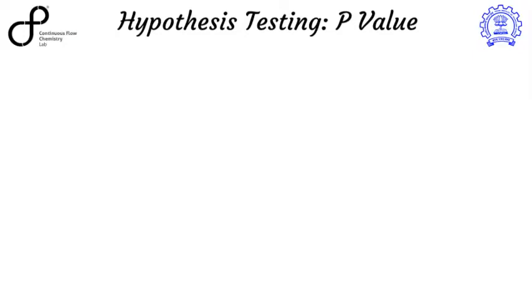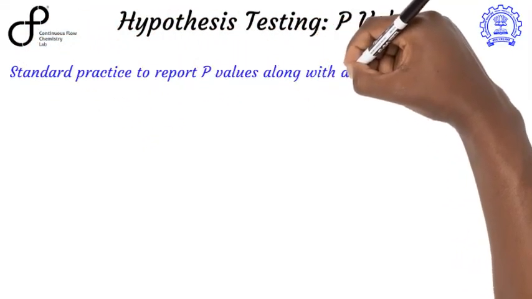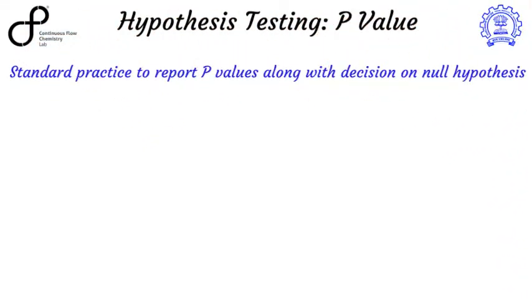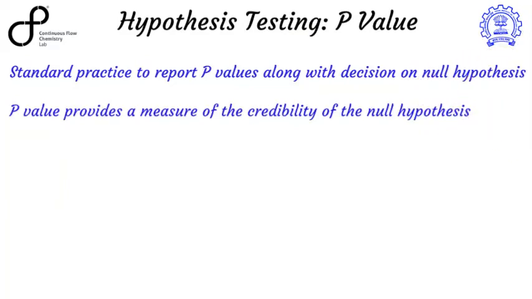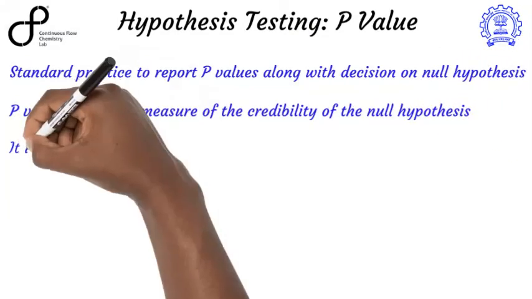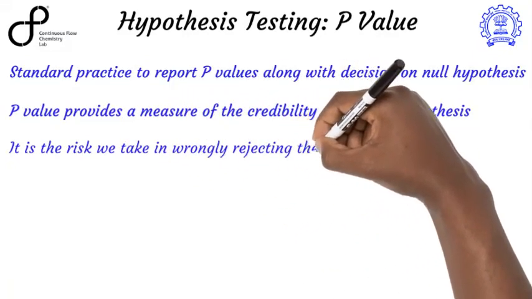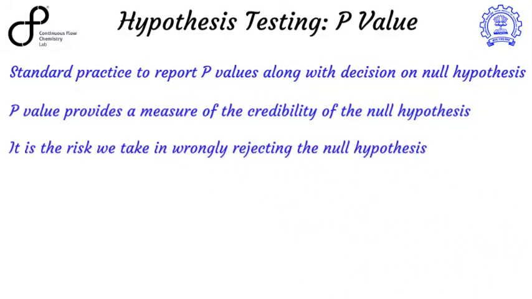It is a standard practice to report p-value along with a decision on null hypothesis. P-value provides a measure of the credibility of the null hypothesis. Higher is the p-value, stronger is the evidence that sample data supports the null hypothesis.